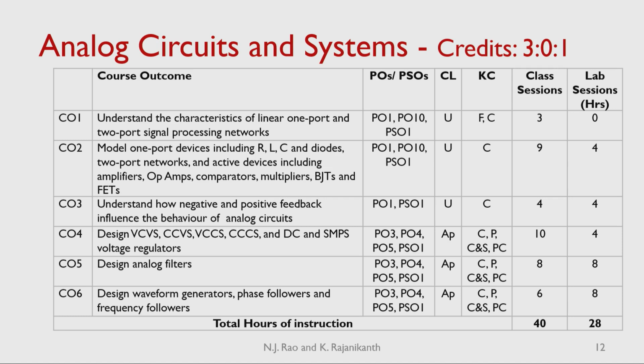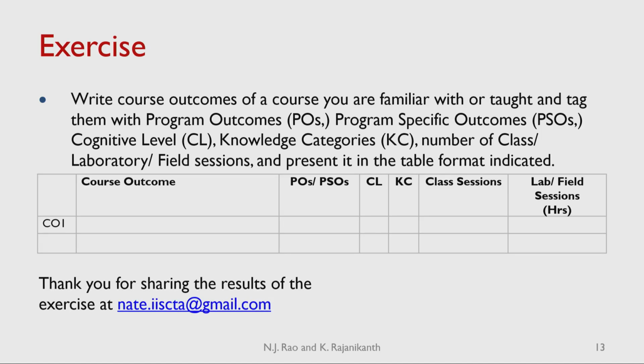Then it would help us in computing the attainment of the COs, determining the mapping strength from COs to POs and PSOs, and finally in determining the attainment of POs and PSOs. Thus, this is an extremely important step in the total OBE process, tagging the course outcomes with relevant items.